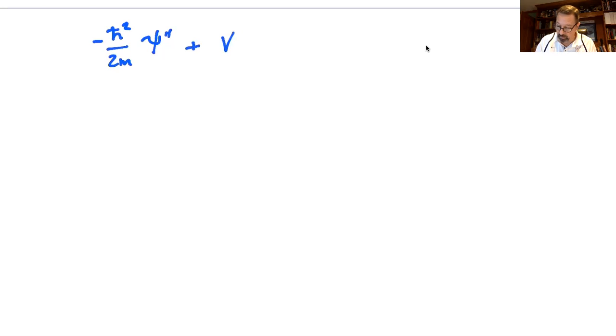Plus the potential energy, which in this case is that barrier height, potential energy 0. So I'm looking at region 2 right now. This is the wave function in region 2 times the wave function in region 2 is equal to the total energy of the particle times the wave function in medium 2, right? Which, if you're looking at the optics analogy, is the glass section, the thing in the middle.